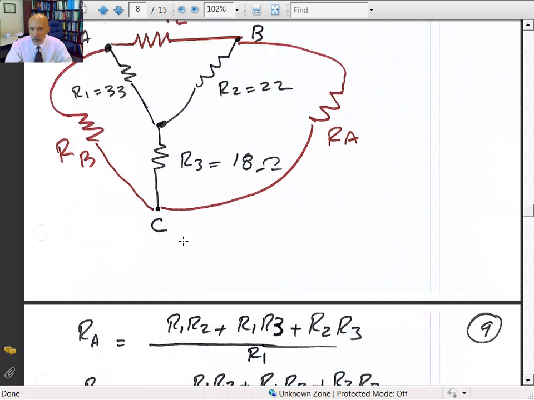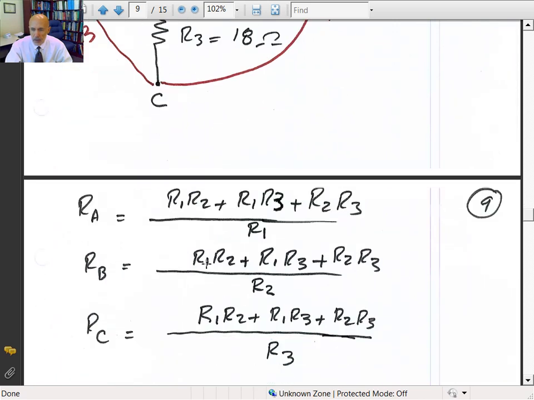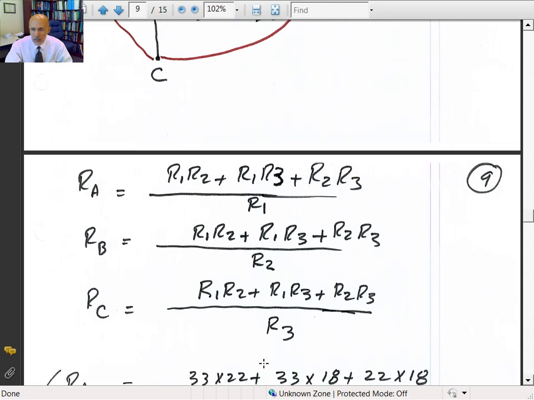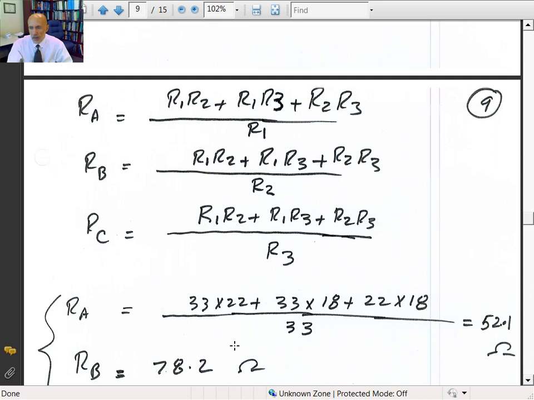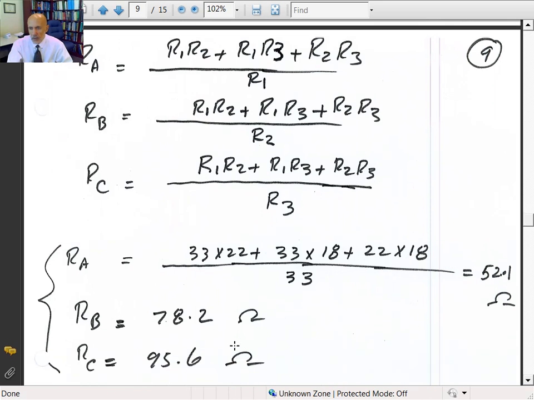But for R sub A, R sub A is directly across from A, so that is hooked up to resistance R1, so we divide by R1. For R sub B, that's directly across from point B, and R2 is connected to point B. And then RC will be R3. So you already have the equations. You plug the values in, calculate the resistances RA, RB, and RC.